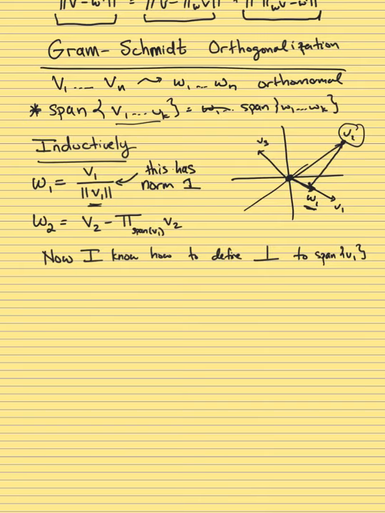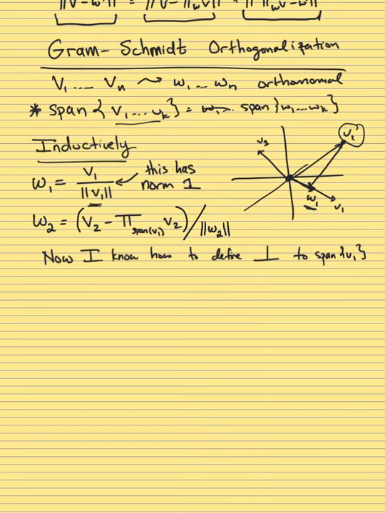It's bad because it no longer has norm 1. On the other hand, this is easily fixed. I do exactly the same trick as before: this is a vector, and I'm just going to divide by the scalar norm of whatever it is, the norm of w2.